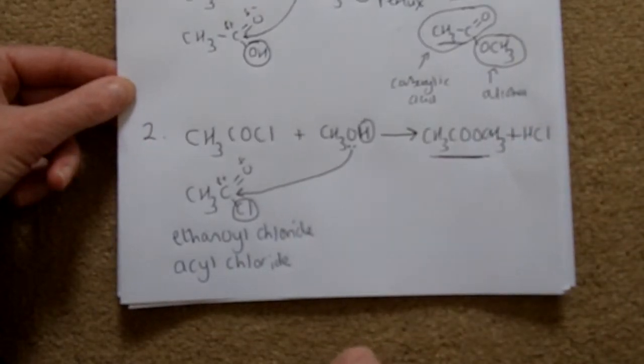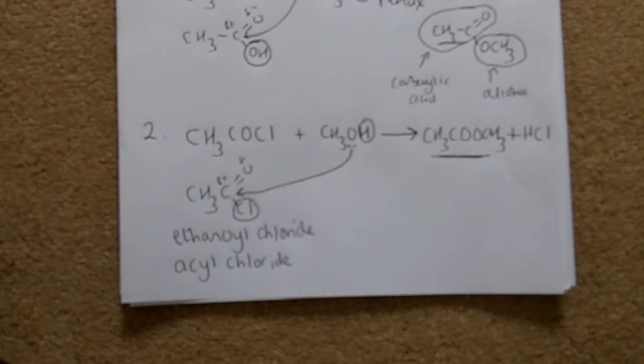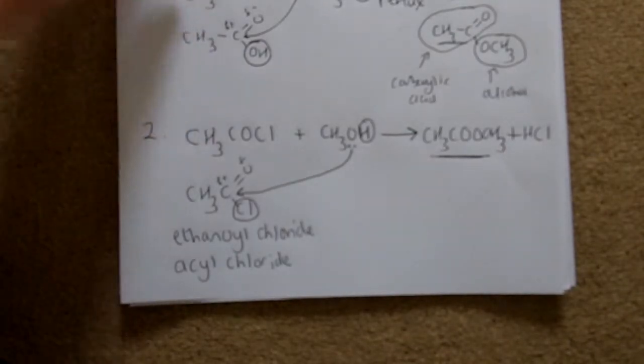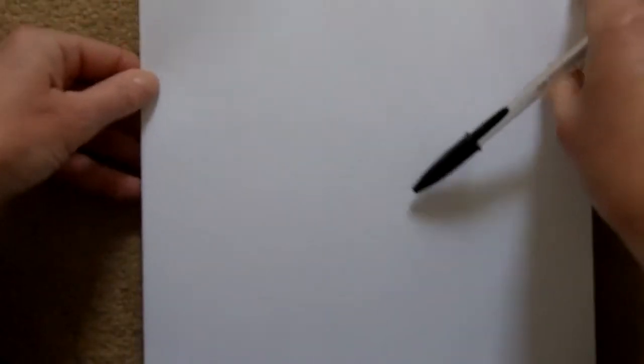That's another way to make an ester. The third way to make an ester is with an acid anhydride.